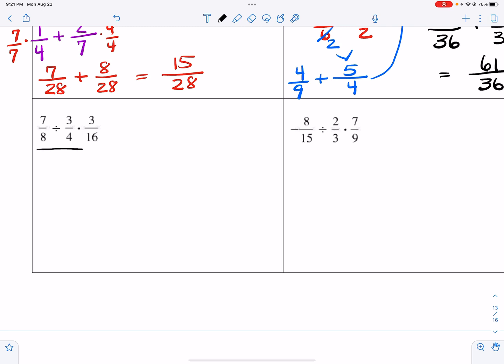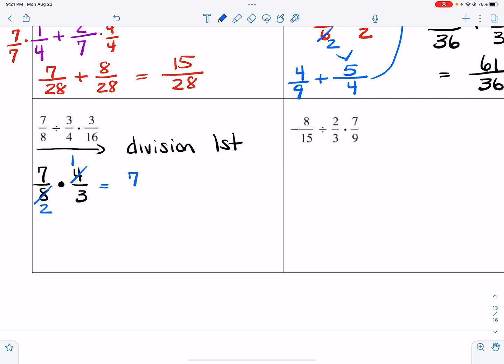As I read it left to right, division comes first. Okay? So 7/8, change to multiplication, flip that second fraction over. Look for ways to simplify. 4 goes into 4 once, 4 goes into 8 twice.